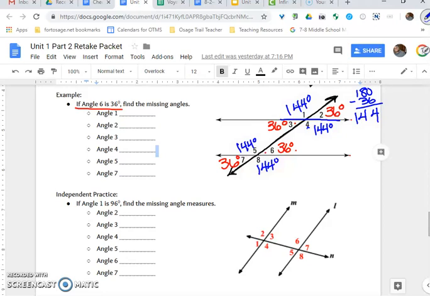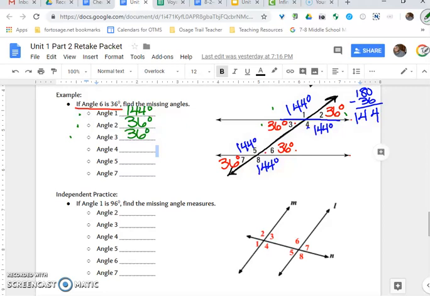That's it. So now let's go through and let's fill in all the blanks over on the left. So angle 1. Well, angle 1 is 144 degrees, so let's write that in. Angle 2. Angle 2 is 36 degrees. Write that in. Angle 3, right there, that one's 36 degrees.